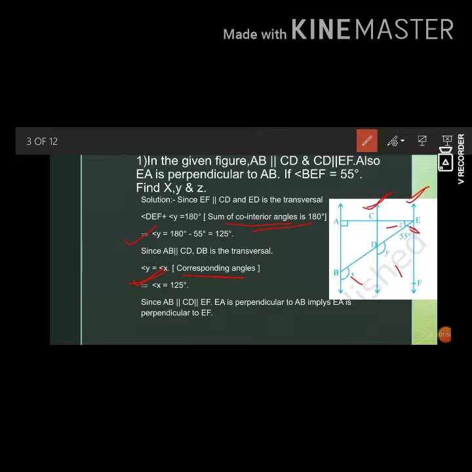Since AB is parallel to CD and parallel to EF, and EA is perpendicular to AB, which implies EA is perpendicular to EF. So we know between parallel lines, if a perpendicular line exists, the line is perpendicular to both the parallel lines. Therefore, angle AEB plus angle BEF is equal to 90 degrees.